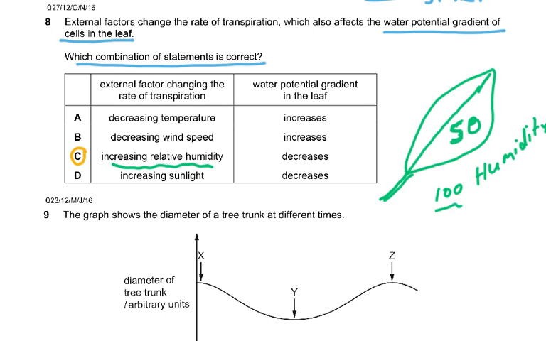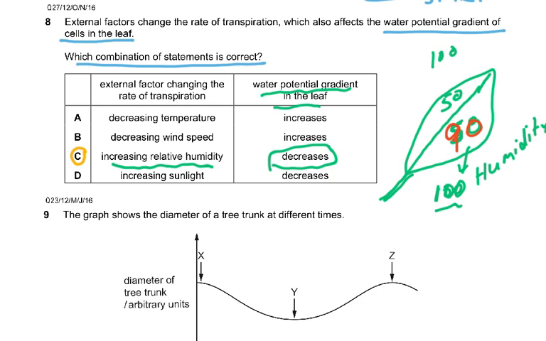Well, water vapors are not going to diffuse out. So if they are not going to diffuse out, this 50 is going to become 90. First the gradient was 50-100. Now the gradient is 90-100. So the gradient has decreased. It says water potential gradient in the leaf.